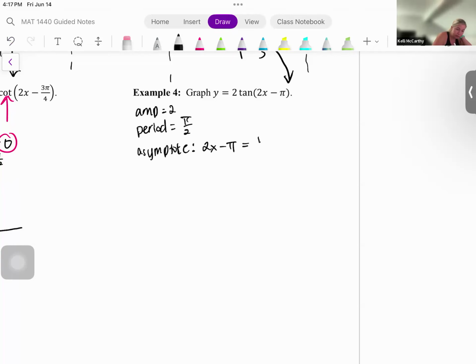We're going to set it equal to pi over 2, that first positive asymptote from our tangent parent function. Adding pi to both sides, we get 2x is equal to 3 pi over 2. And then dividing both sides by 2, x is equal to 3 pi over 4. So that's going to be our first asymptote.